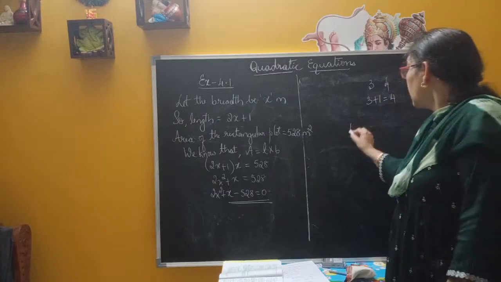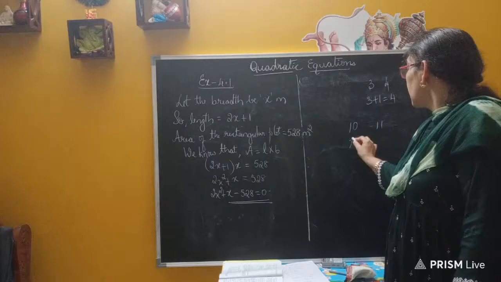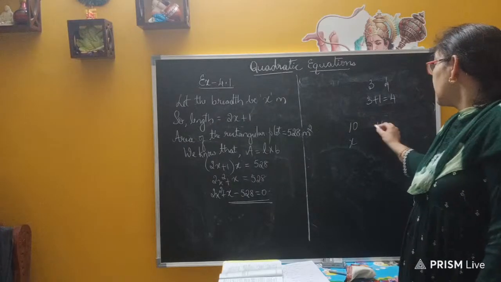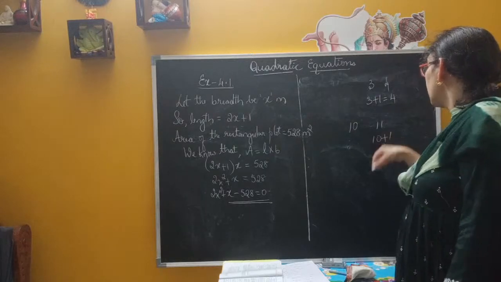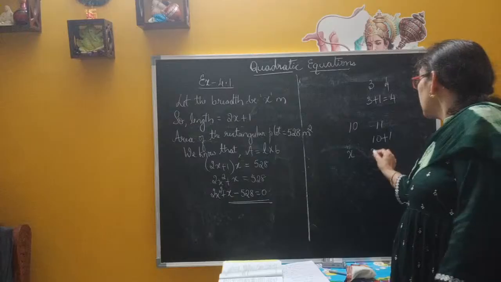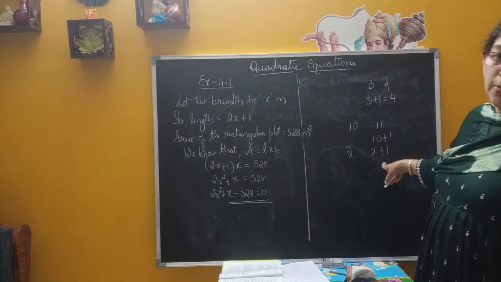Similarly, I'll take 10 and 11. If I consider x as 10, how do we get 11? x plus 1, that is 10 plus 1 is 11. So if I take x is equal to 10, what do you get here? x plus 1 it should be. Or if I take n here, it should be n plus 1.